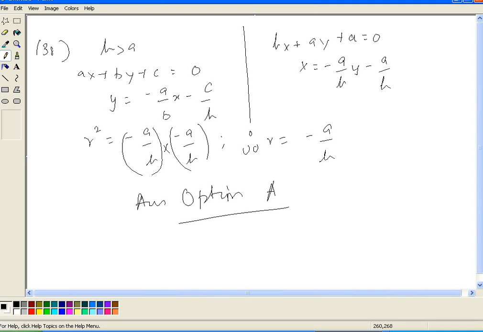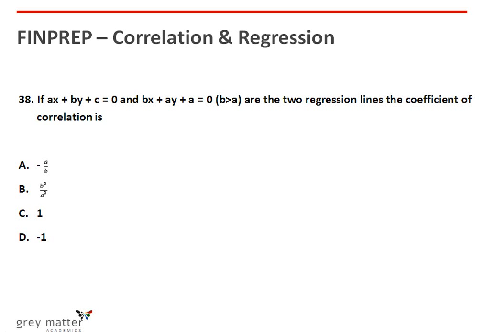So r squared will be minus a by b into minus a by b. Therefore, r will be minus a by b, because both the regression coefficients are minus a by b. So the answer is option A. Going to our PowerPoint presentation, the option is A, which says minus a by b.